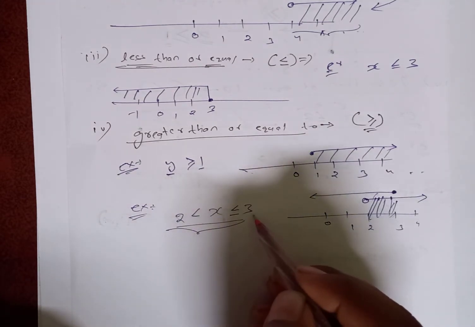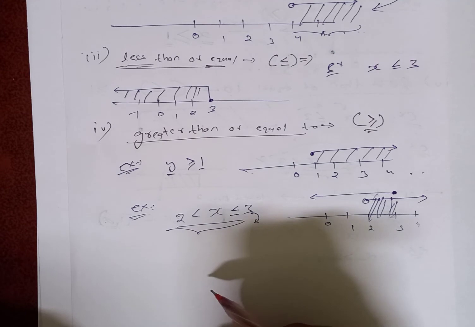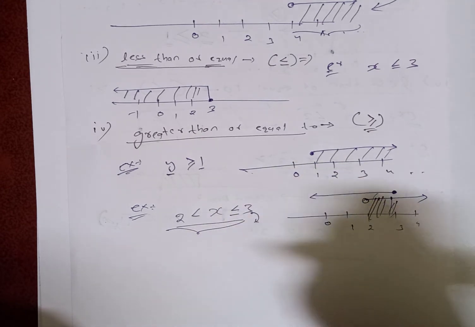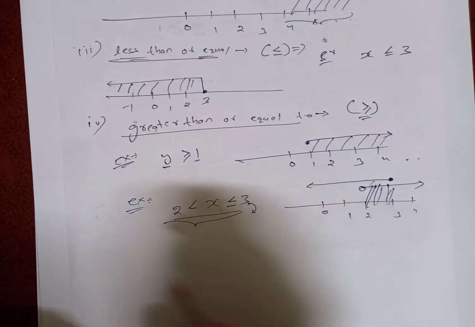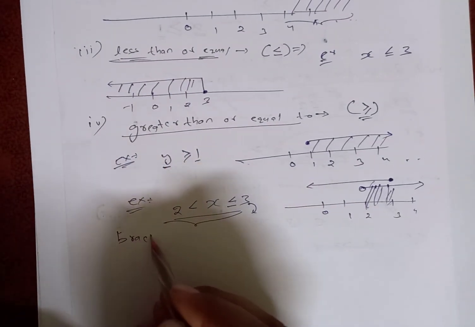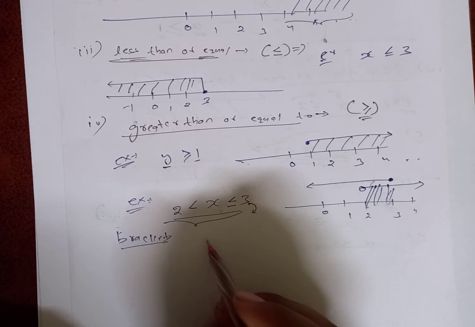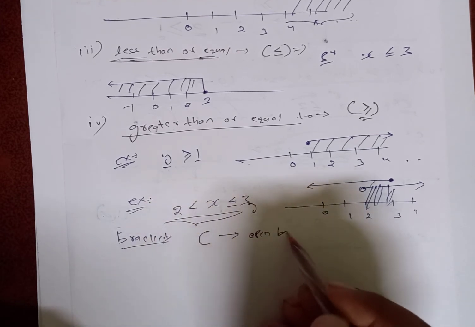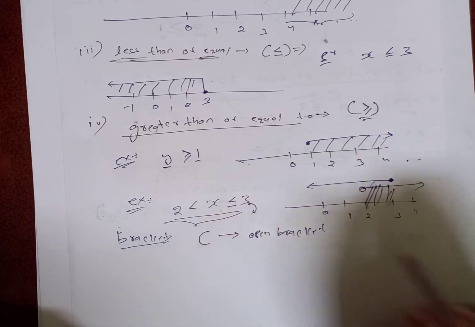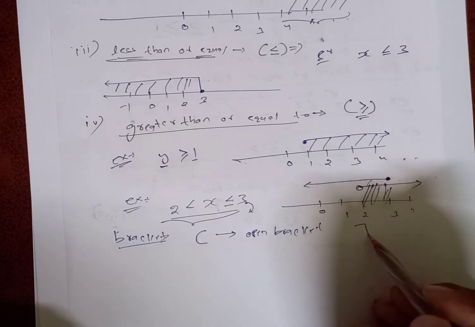To express this interval, we have another nomenclature, it is not chemistry, which is nothing but brackets. There are two types of brackets. One is the open bracket and the other one is the closed bracket.